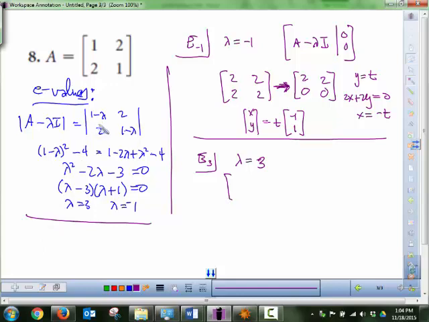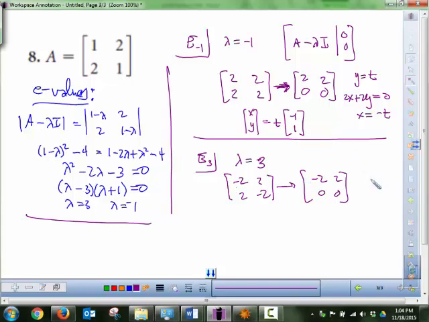We'll do the same thing for 3. All right, so put 3 in there. We're going to get negative 2, 2, 2, negative 2. So it looks almost the same. Again, row reduce: negative 2, 2, 0, 0. I think just adding the first and second rows will give you this.